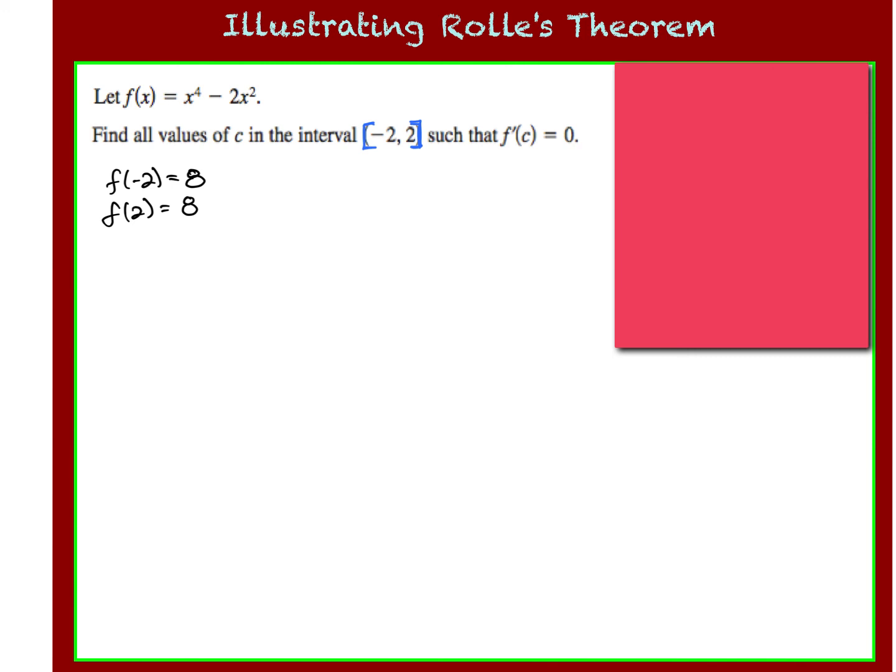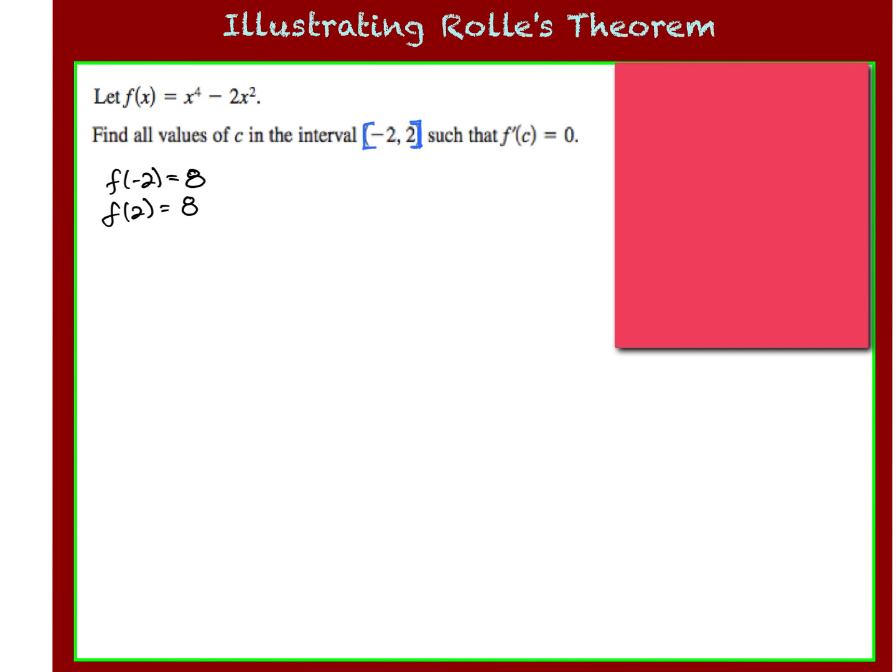But I kind of want to preview what's going to happen tomorrow in the later days. What is the slope between these 2 points? 0. And what are we going to do with our derivative? We're going to set it equal to 0. Okay, good. I just want you to think about that just a little bit.